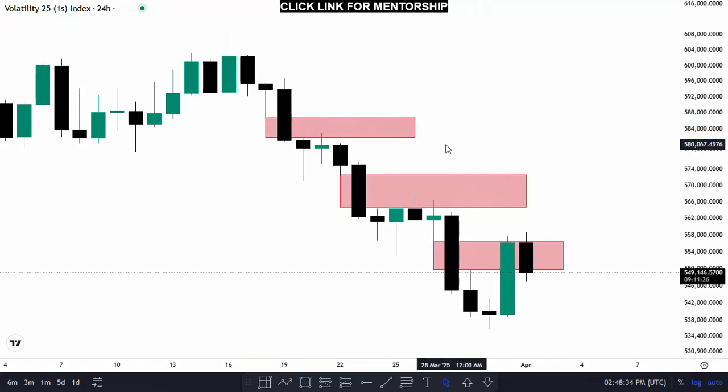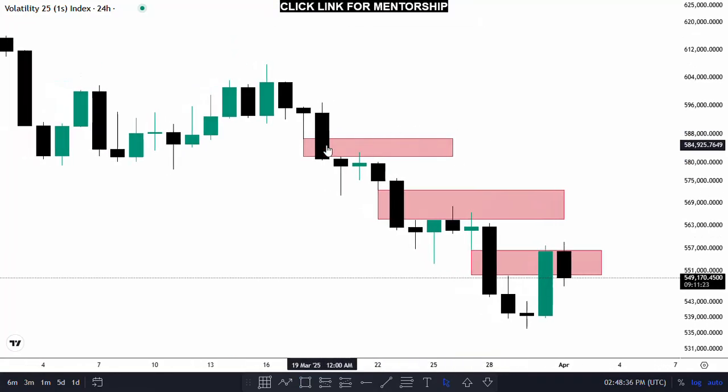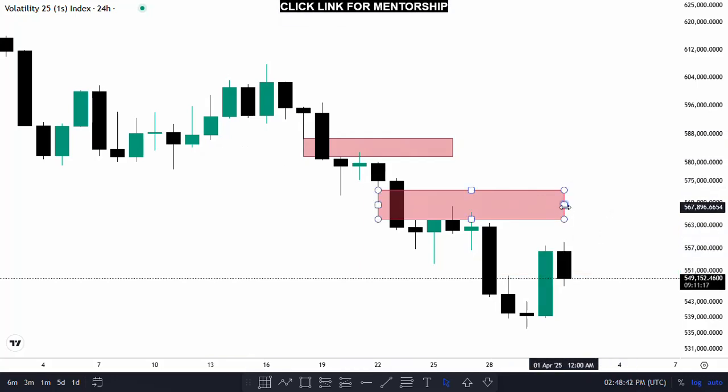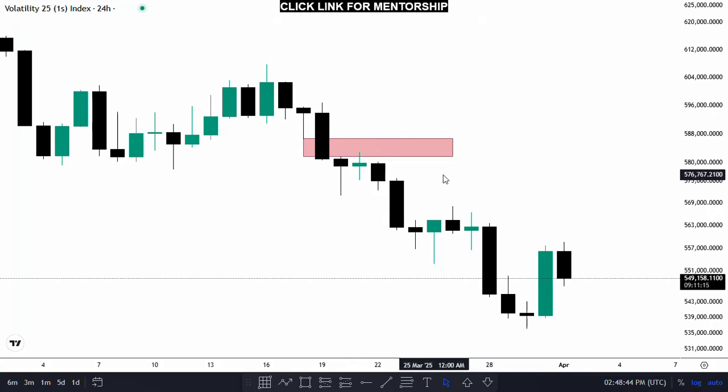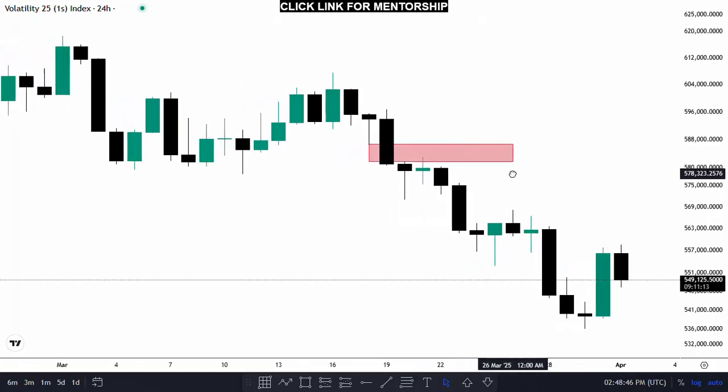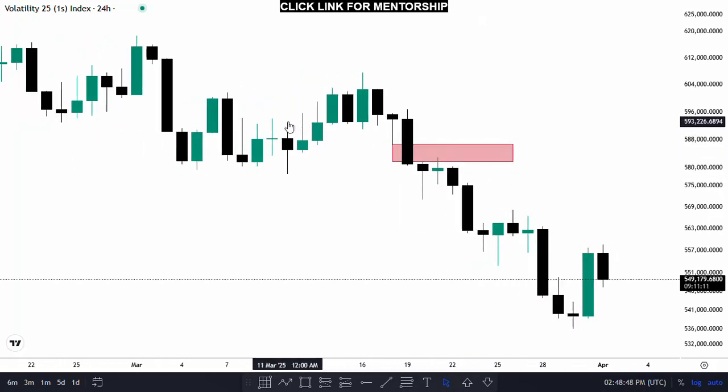The reason I want to use this one here is because there's this breaker block. So even on the daily chart, you have breaker blocks. If you remember from those drawings, you see price going down and then it breaks that swing high and then drops to the downside.